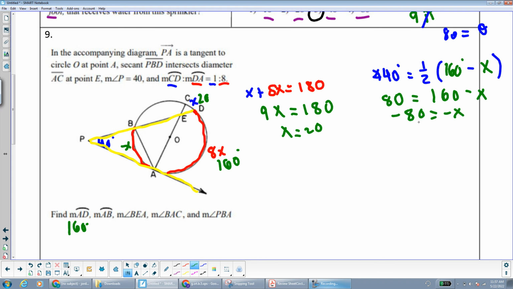And then we can finish up by dividing both sides by negative 1. And we have that x is equal to 80. So we just figured out that arc AB, and I'll just erase the x here so we can replace it, is 80 degrees. I'll write it here also. That really doesn't look good over there. I'll try to change that to being 80 degrees.